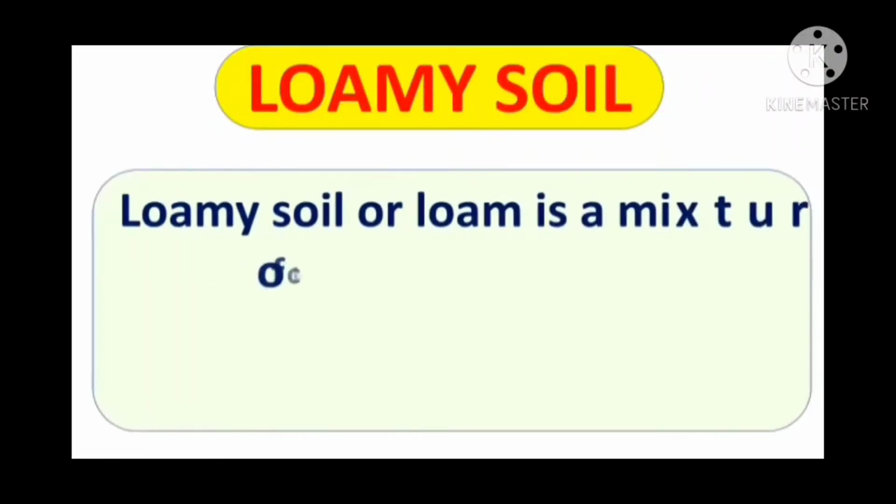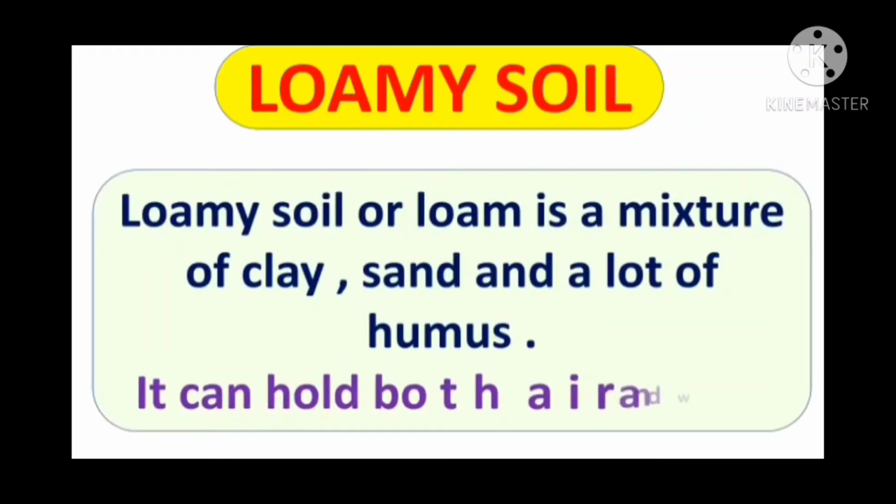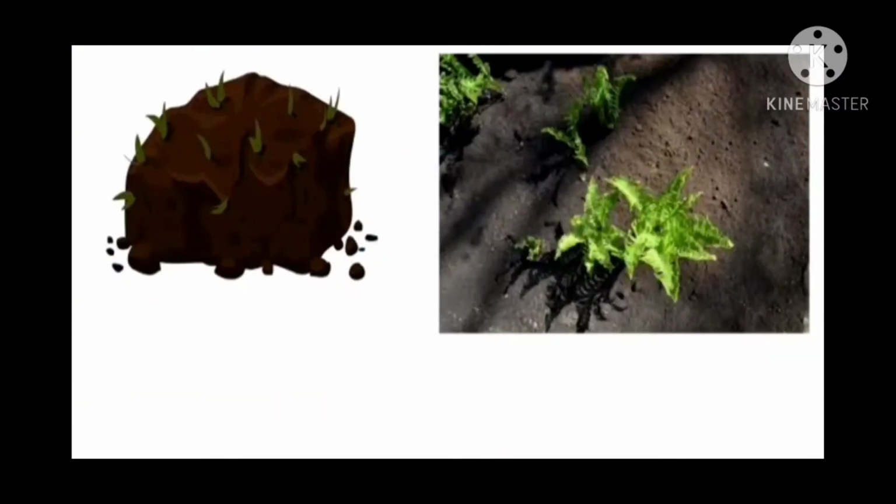Next one is loamy soil. What is loamy soil? Loamy soil, or loam, is a mixture of clay, sand and a lot of humus. It can hold both air and water because it is a mixture of clay soil and sandy soil. What is humus? Humus is the dead and decaying particles of animals and plants on which microorganisms act, so it is very fertile soil.